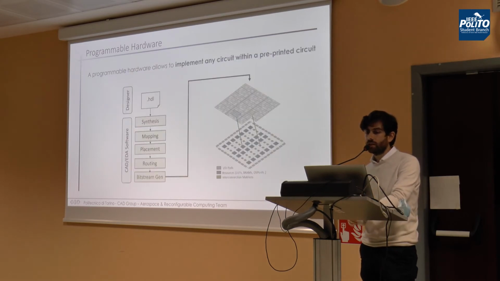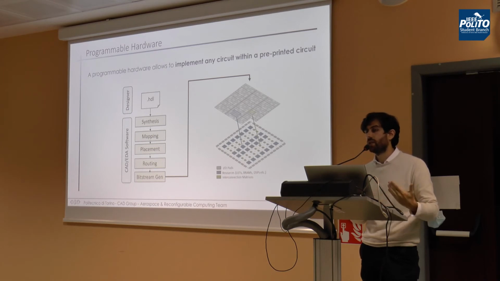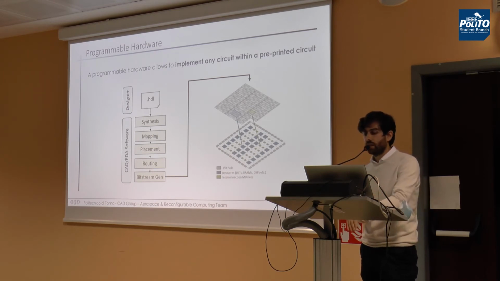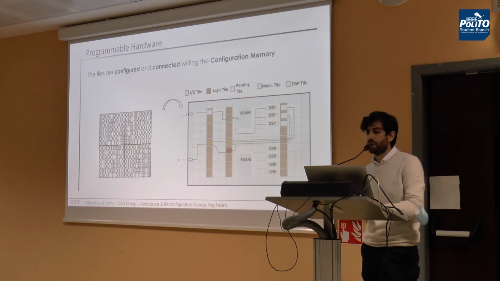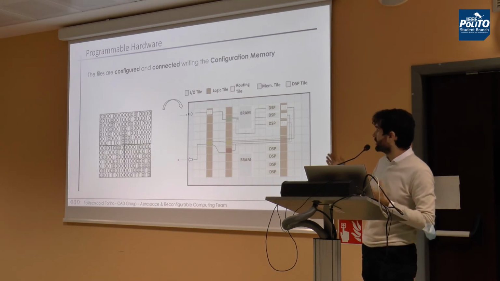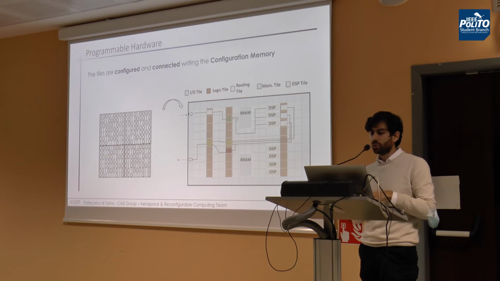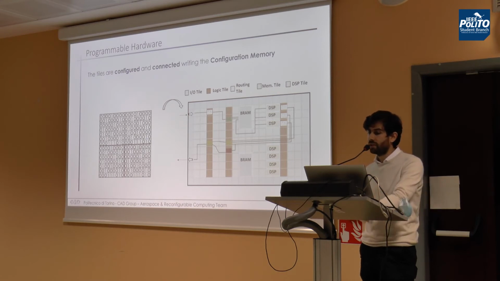So basically, I generate the description of a circuit using CAD tools, and I can implement this circuit in a pre-printed circuit in a way similar to a drawing or a puzzle. For example, you can see that these tiles are configured together to build a circuit.